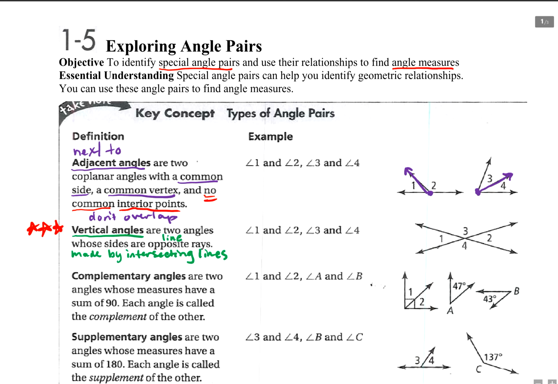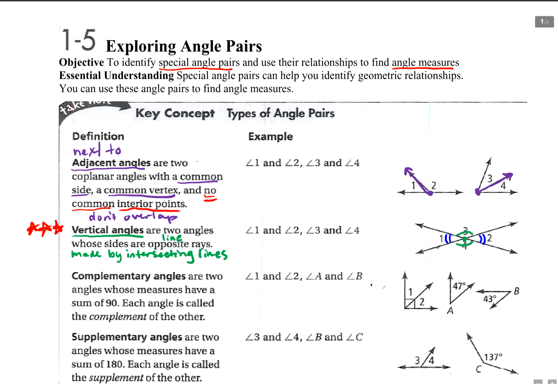And if we look over here, you can see we have two intersecting lines. And so if we look at our intersection point there, you can see we have two sets of opposite rays. So we have two intersecting lines, and angle 3 and angle 4 are vertical angles, and angles 1 and angle 2 are vertical angles.